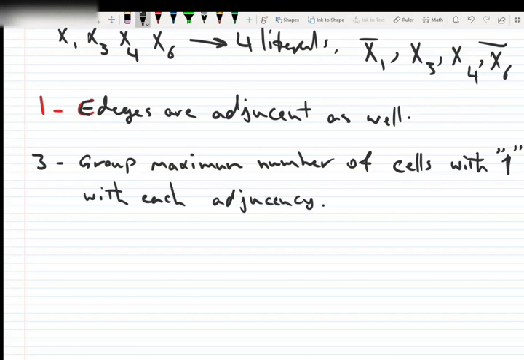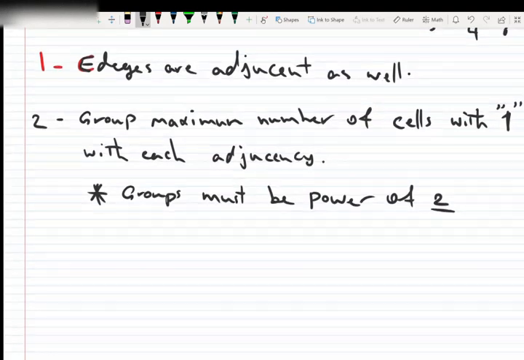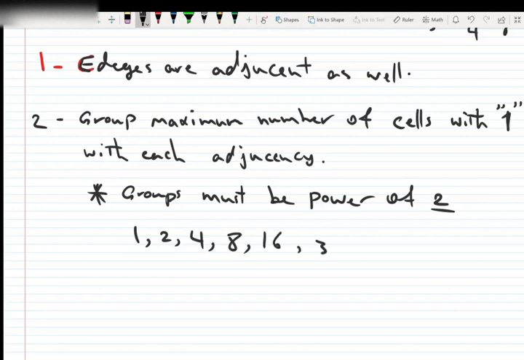So find the maximum number of cells which have 1 in them, and then group them. Number 2, we should note that groups must be a power of 2. So we can group one cell alone, 2 cells together, 4 cells together, 8 cells together, 16 cells together, 32 cells together. So we cannot group 7 cells. The group has to be in the form of 2 to the power of n.